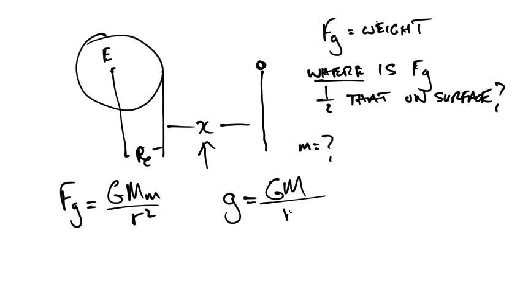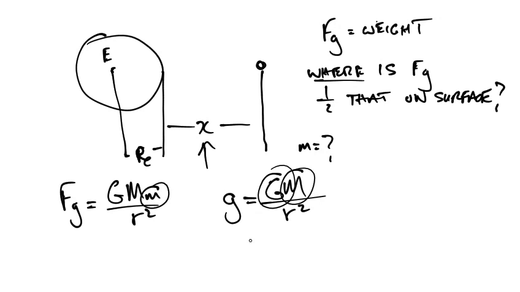Because if the gravitational field strength is half, then so will the force of gravity. Because you see, the mass of the rocket's not changing. Obviously, we cannot change the mass of the Earth. That's a constant value. Obviously, also, we cannot change the gravitational constant. Therefore, the only thing we can change is the radius.